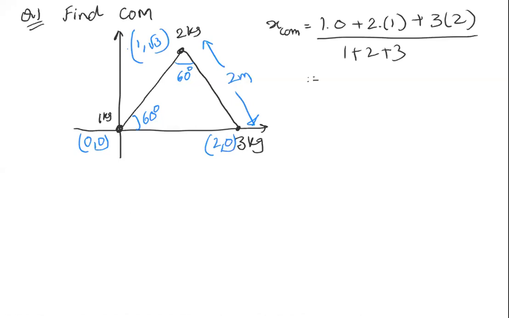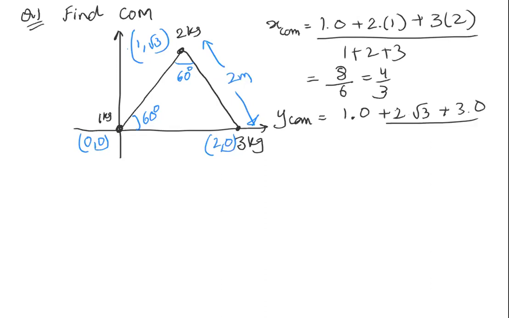That is equal to 8/6 आएगा ना बच्चा. 4/3 आएगा ना. Y coordinate of center of mass: 1 into 0 plus 2 into √3 plus 3 into 0 divided by 1 plus 2 plus 3, that is equal to 2√3/6, which is equal to 1/√3.